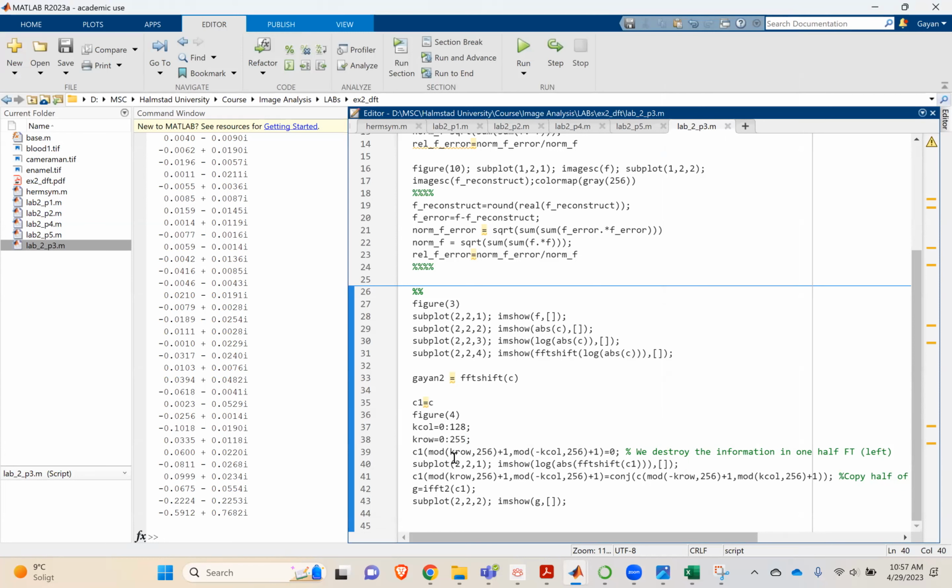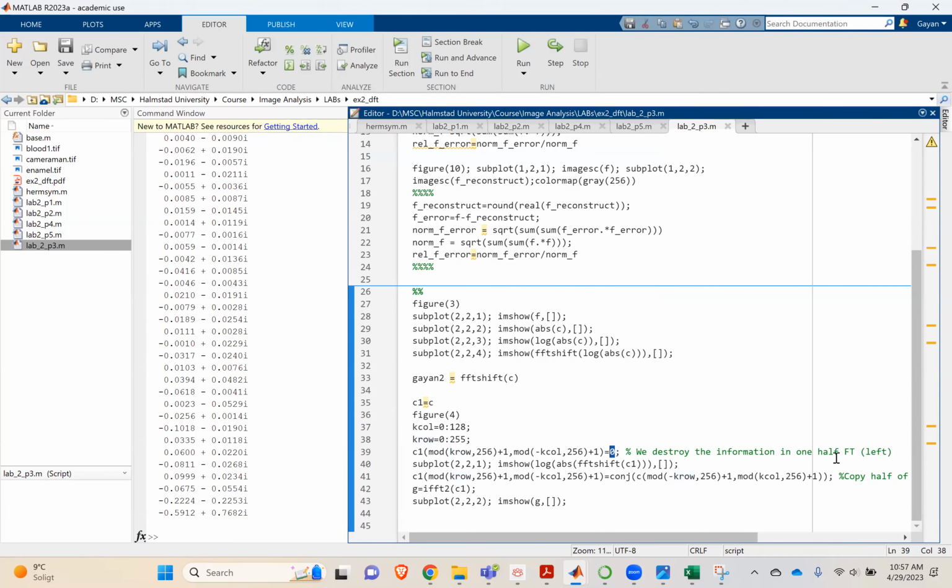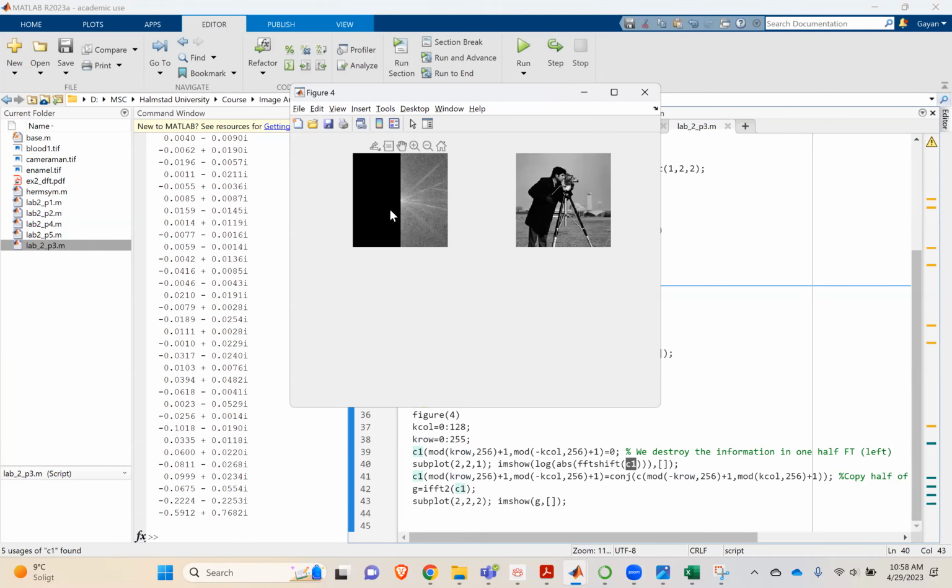Okay, in here, rows. The first half is selected, and first half on the columns and all rows. I'm setting it to 0. So the values are now destroyed. In C1, when you plot it, you can see one half is already gone.